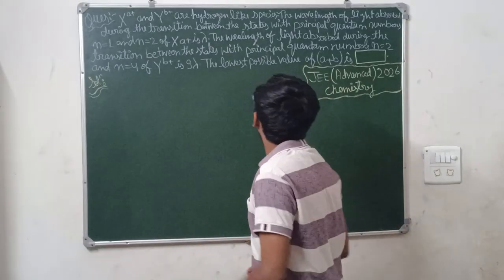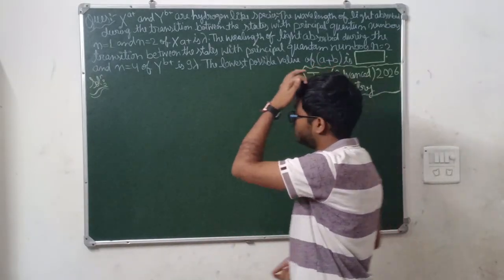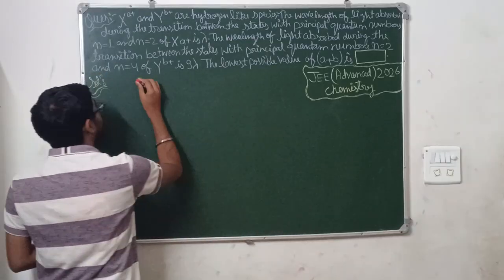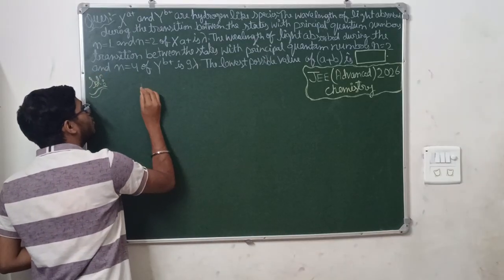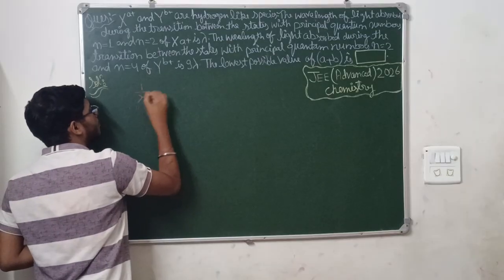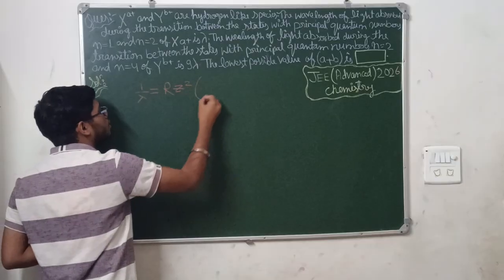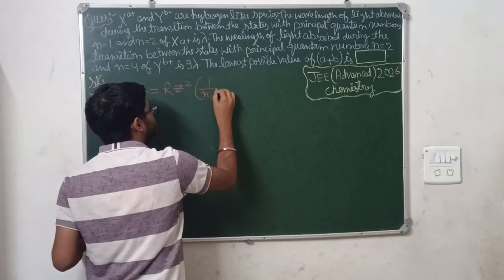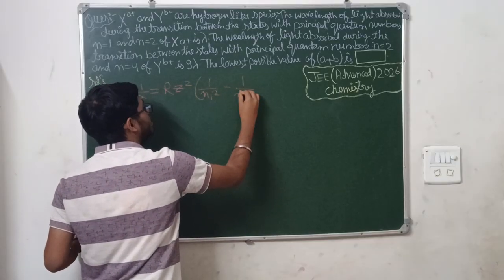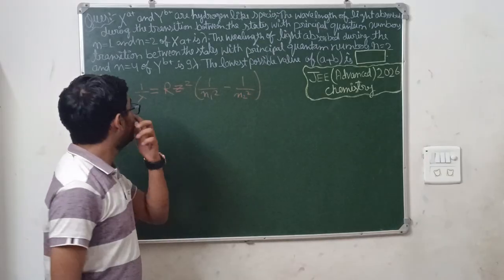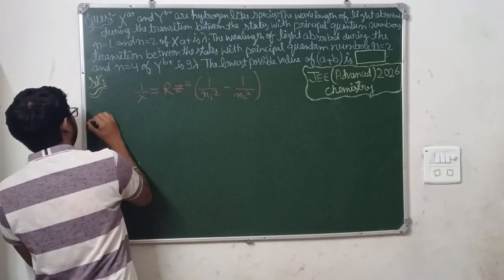Then we have to find the lowest possible value of a plus b. This question is based on one of the famous formulas which you learn initially in the chapter of atomic structure: 1 by lambda is R Z square into (1 upon n1 square minus 1 upon n2 square).